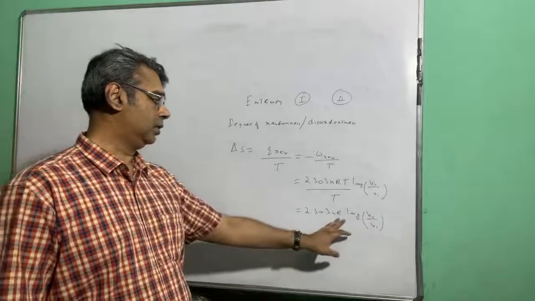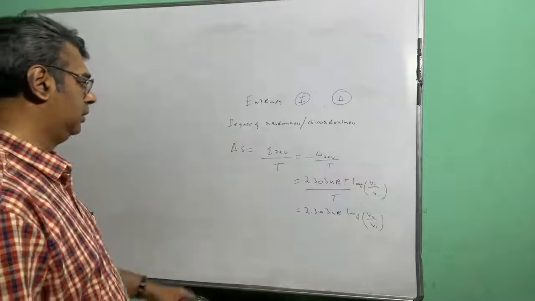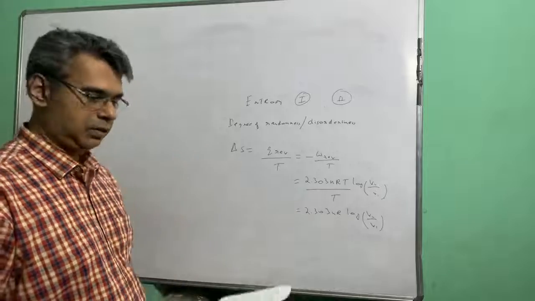So it's coming 2.303 nR into log V2 by V1. So this is the change in entropy.